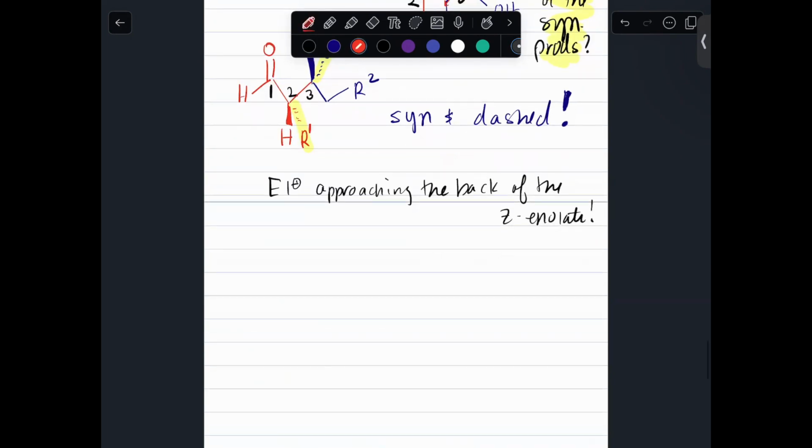And I'll do the same thing I did before. I'll draw out my enolate first, specifically my Z-enolate.